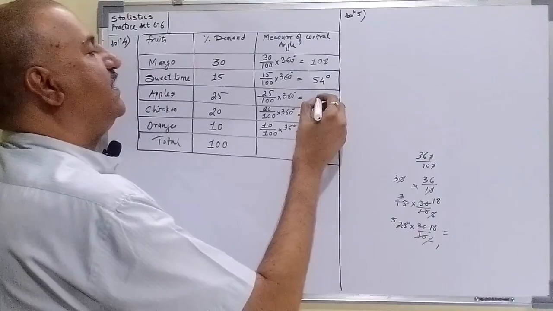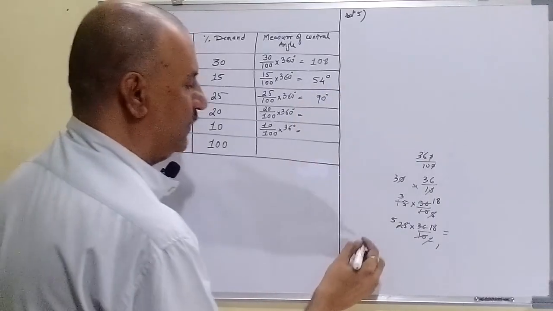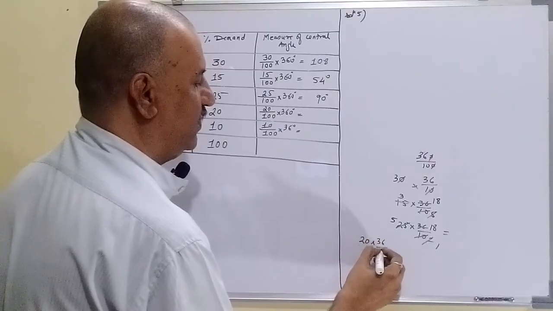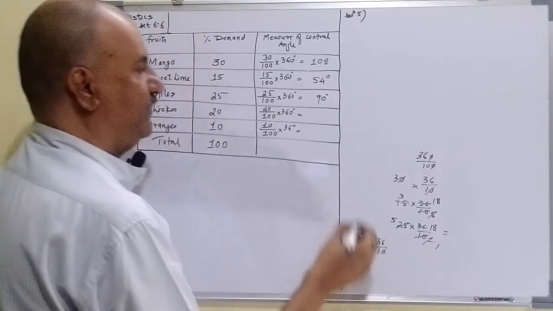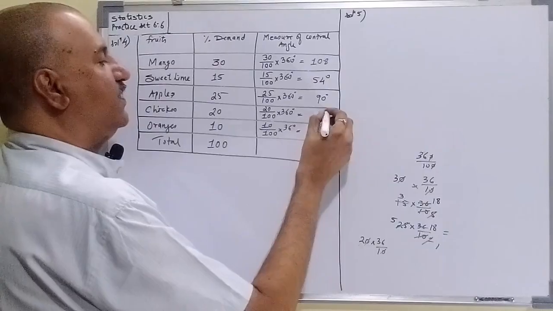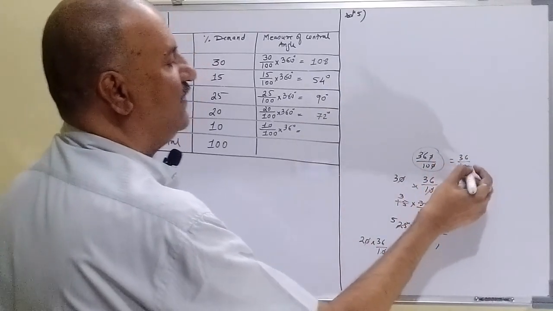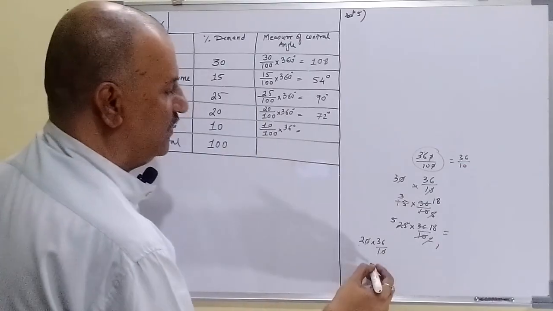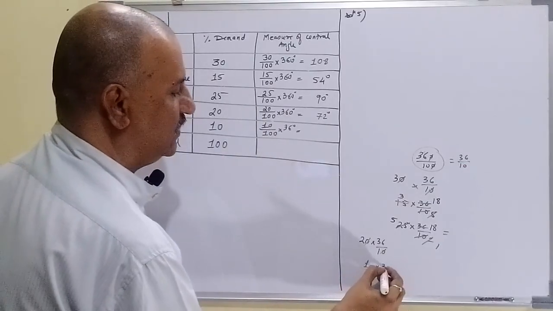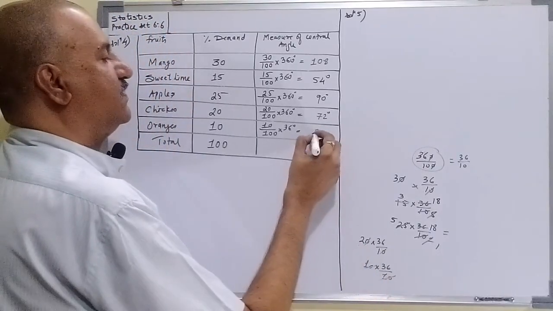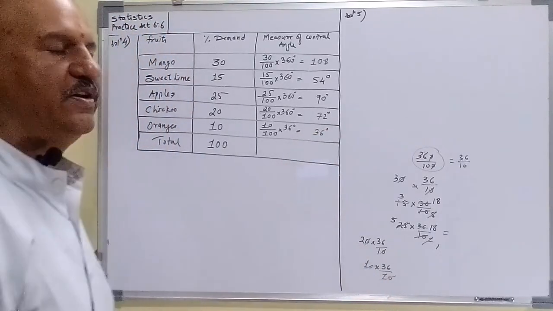So this will be 90 degrees. 20 into 36 upon 10, 0 गया 72 degrees. Take a common ratio of this 36 upon 10 and then multiply with each and every angle. Yeah, 10 into 36 upon 10.